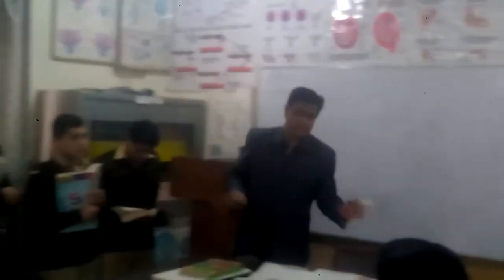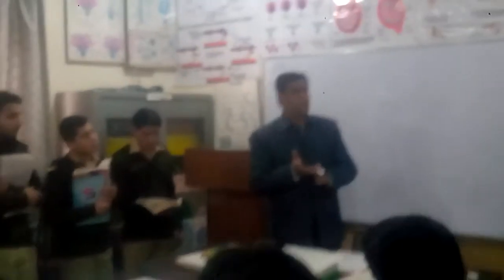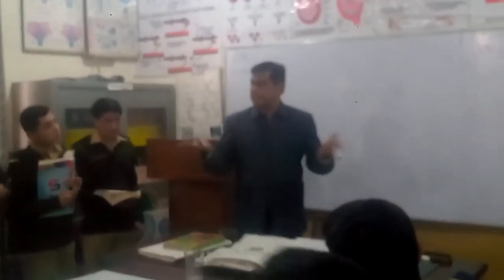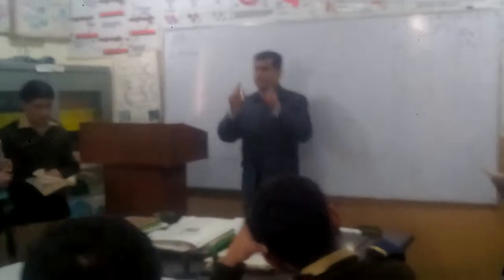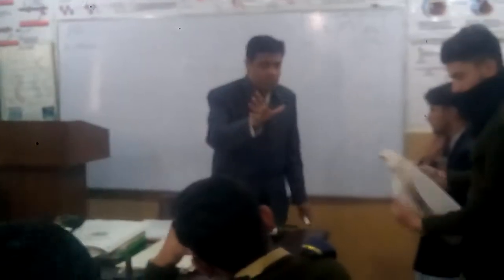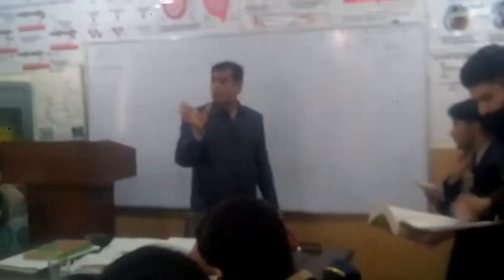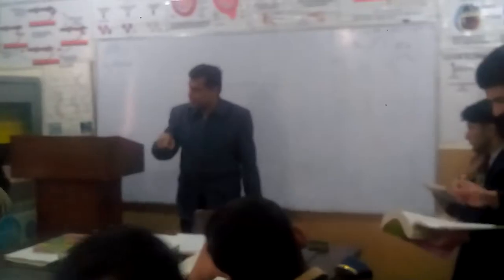Amylopectin, I will explain. If two alpha glucose form, that is definitely maltose. When alpha glucose plus alpha glucose, 1,4 glycosidic linkage is there. Definitely that is glycogen, amylose, and amylopectin, which definitely have 1,4 and 1,6 glycosidic linkage in alpha glucose.